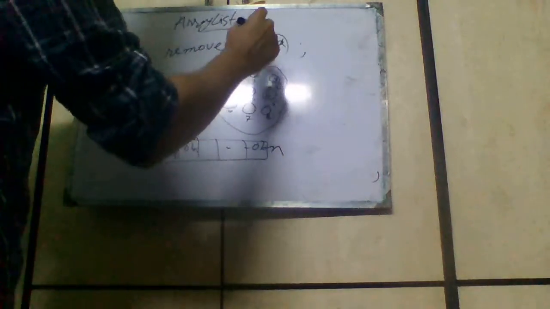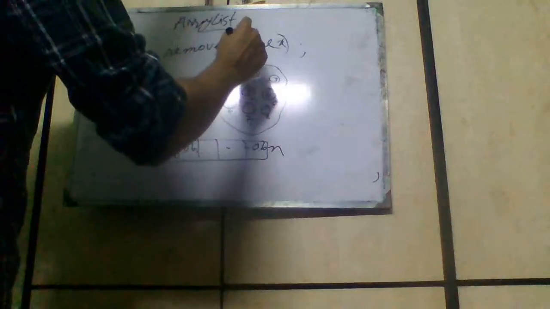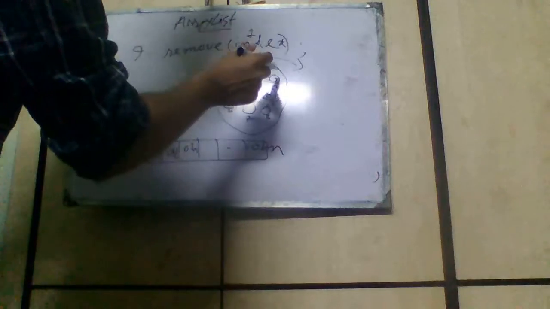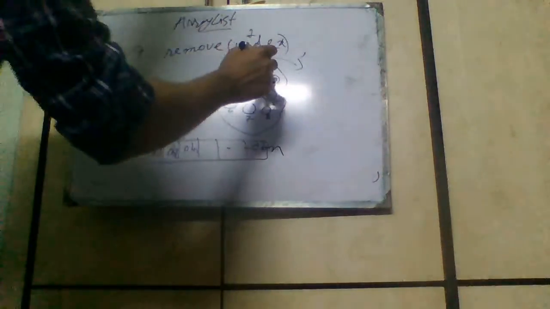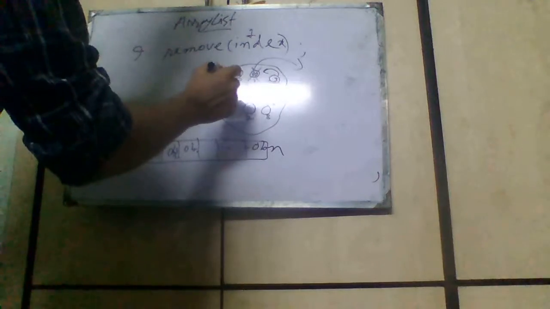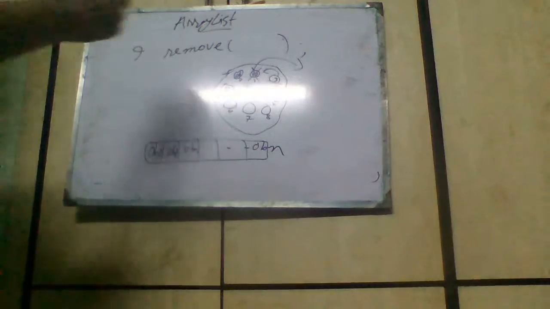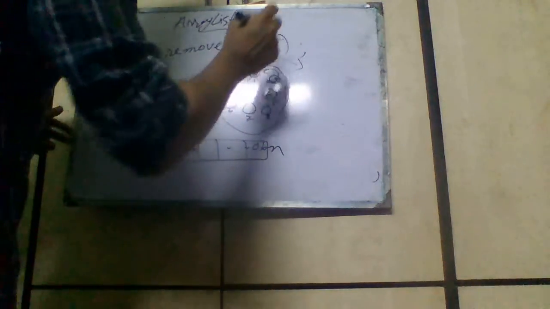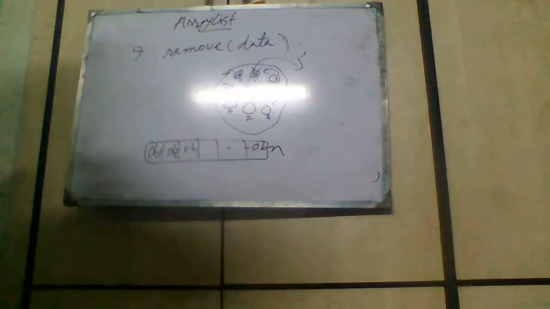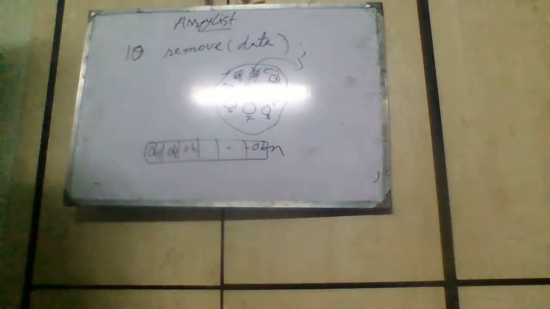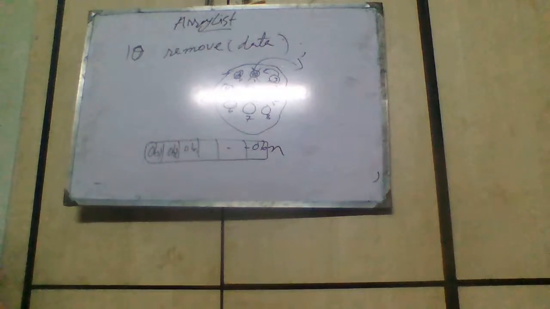When we pass 1, then this object will be removed from the list, and the entire objects will shift. And another method is where we pass a value, the data. And this is number 10.